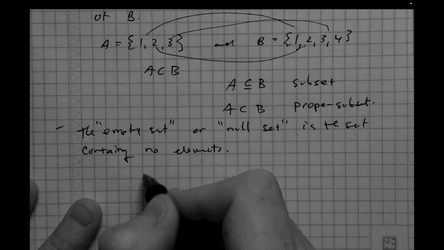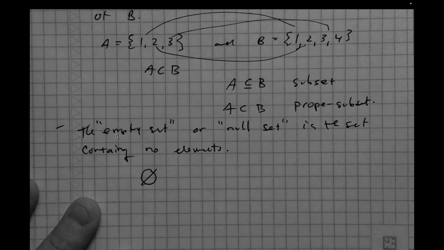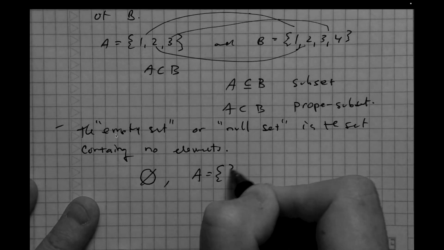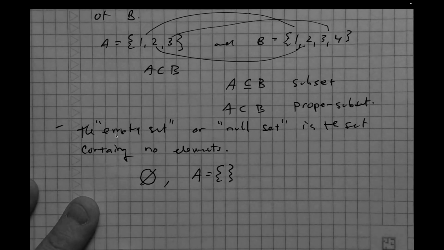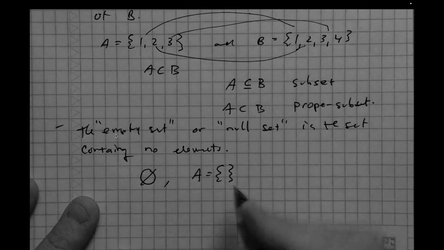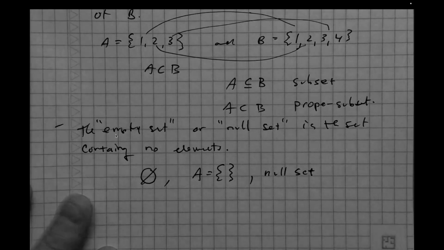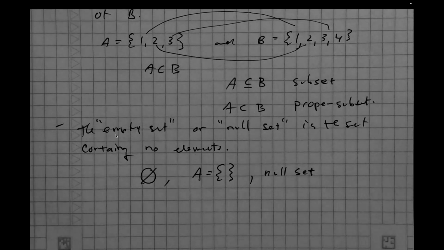This is typically denoted using a symbol like this, or occasionally you may see roster notation with nothing on the roster. You'll also frequently hear people just say null set to indicate the empty set.